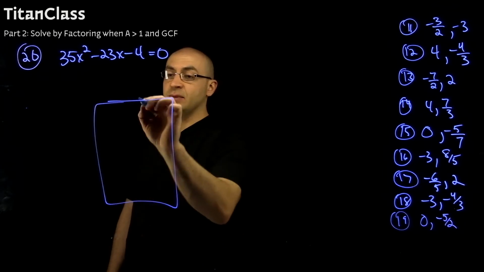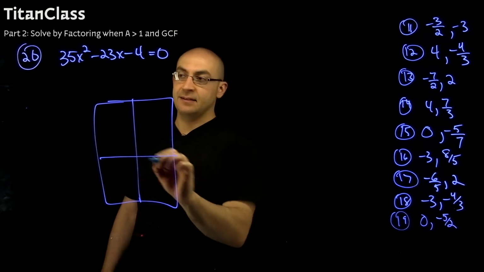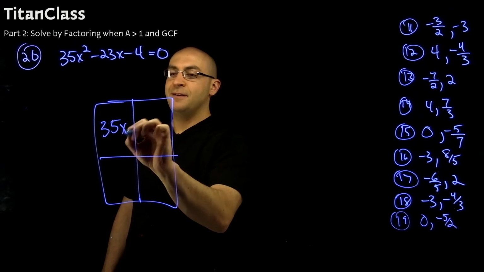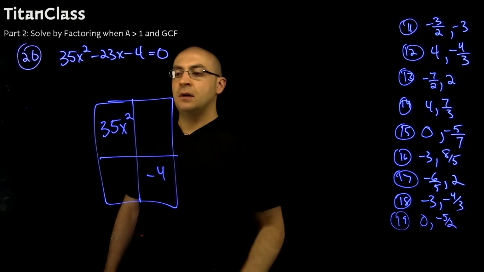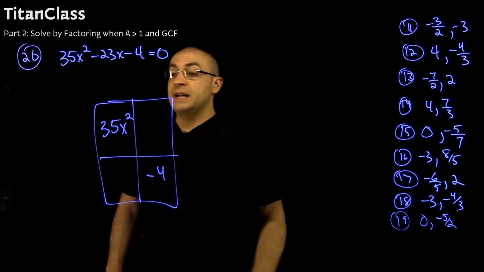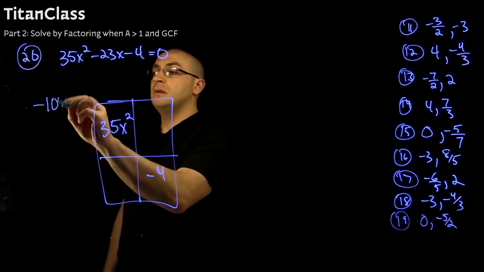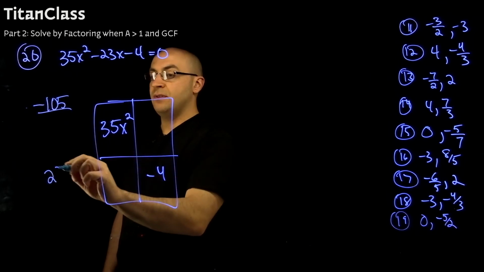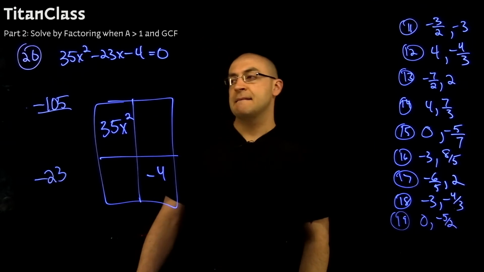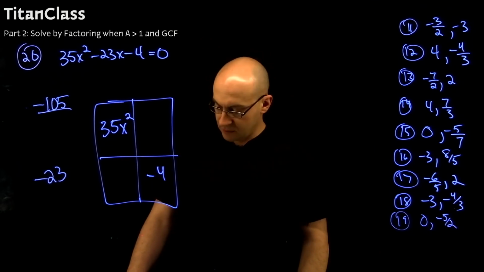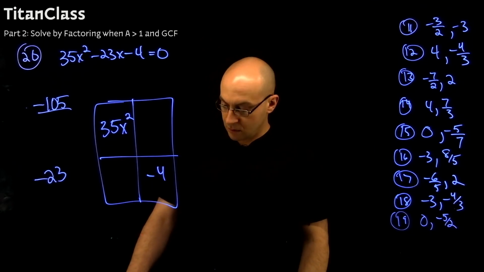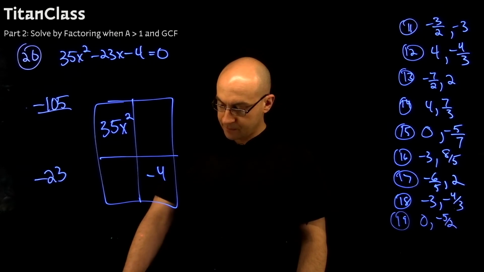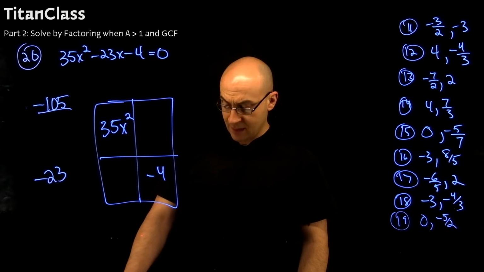But again, it's factorable or it wouldn't have been on the sheet unless Titan is messing with me again. 35x squared for -4. -105 for -23. Ooh, I don't know this one. There's only a couple that it could be.